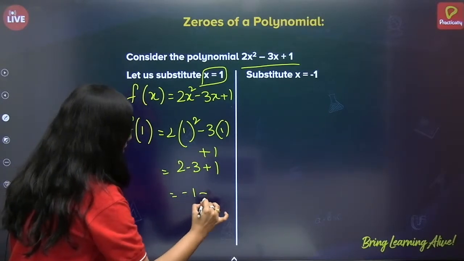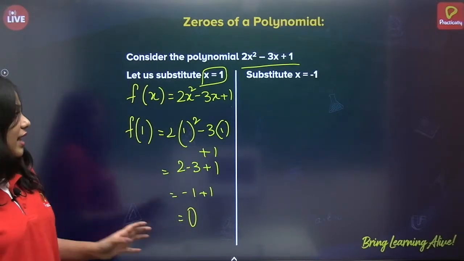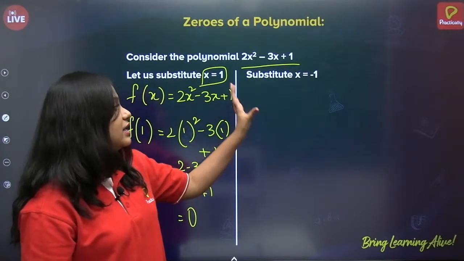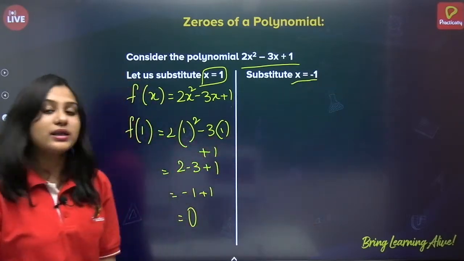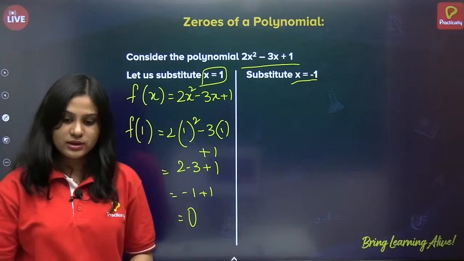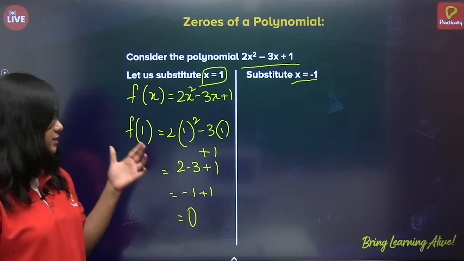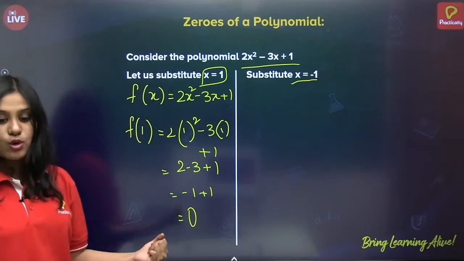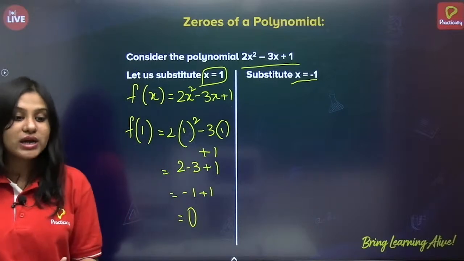Minus 1 plus 1, 0. Right? Now tell me what you will get if you substitute x is equal to minus 1 in the given polynomial. Yes, Lakshmana Prabhu, very good. If you substitute x equals to 1, we'll be getting 0. Now substitute x equals to minus 1 and tell me what answer you get.